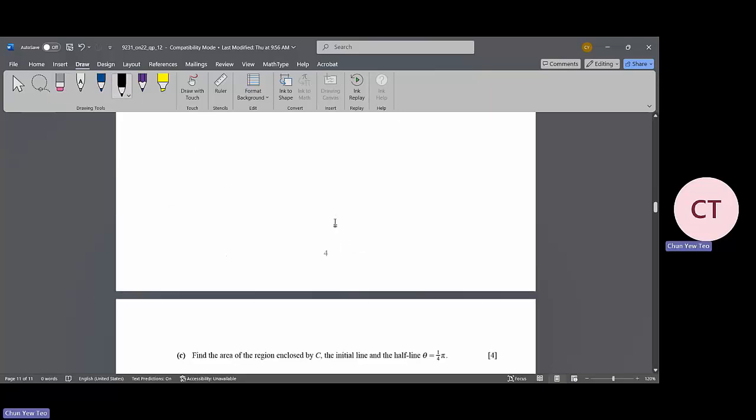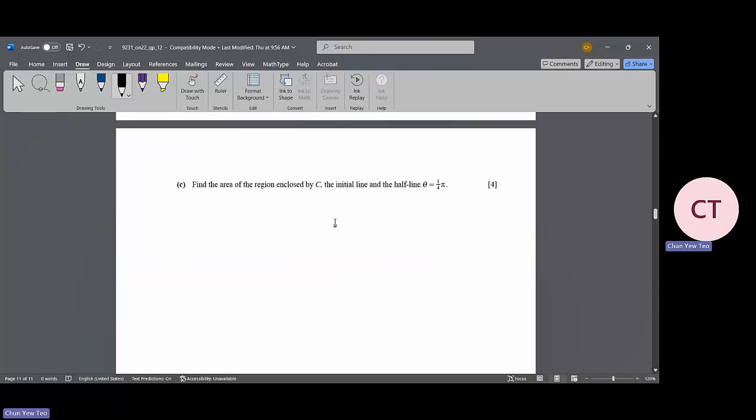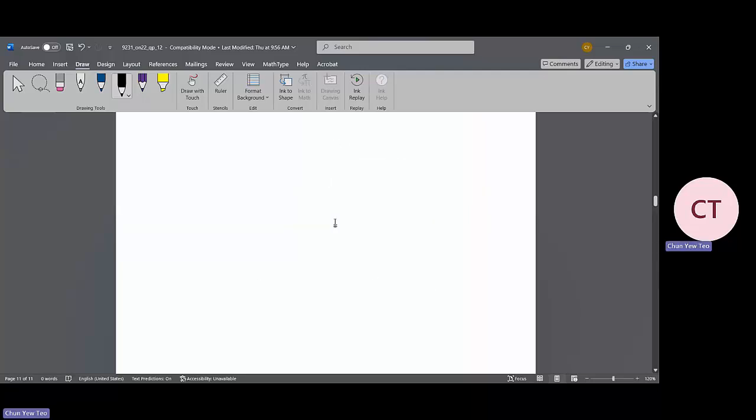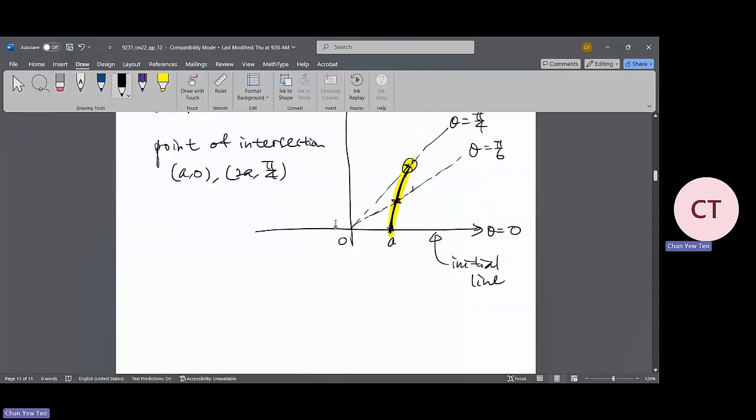Now we go for question C. Find the area of the region enclosed by the curve C, the initial line and the half line theta. So over here, we are looking for this region.